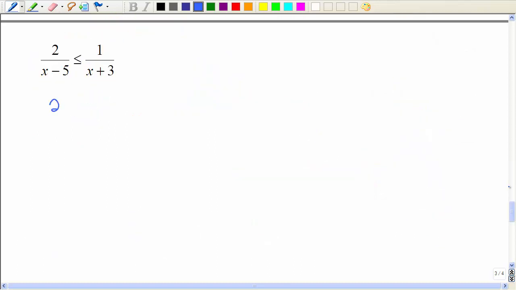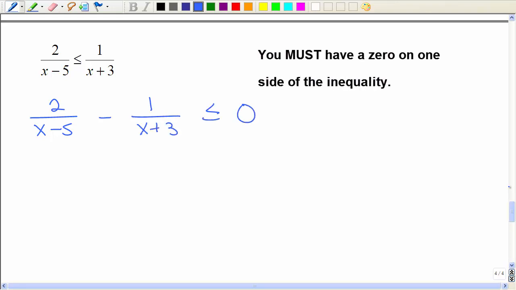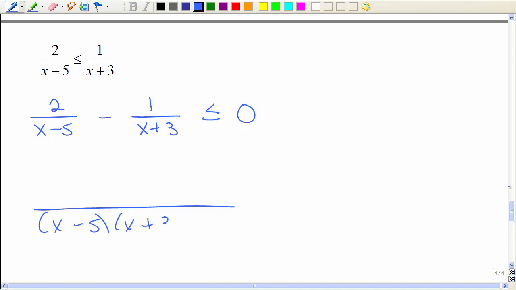This one is a little bit harder, algebra. Going to subtract. Going to have that very important 0. Finding a common denominator, which would be both of these. All right, so I need to multiply this one by x plus 3, this one by x minus 5.